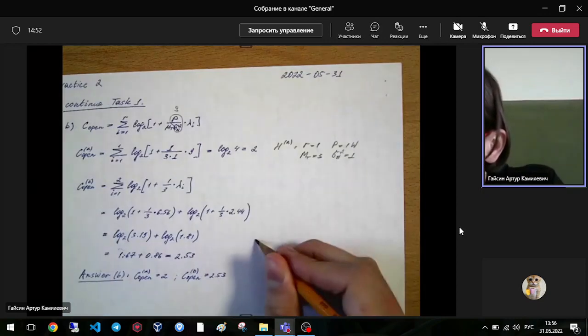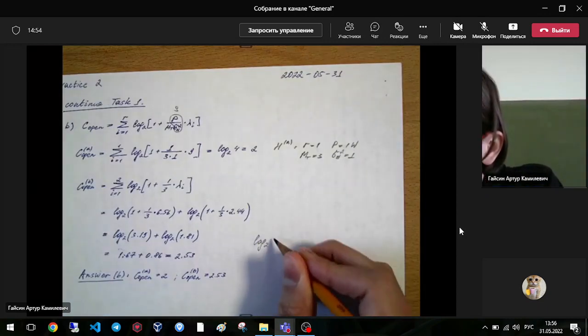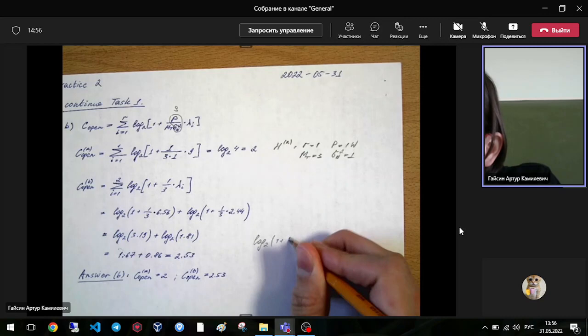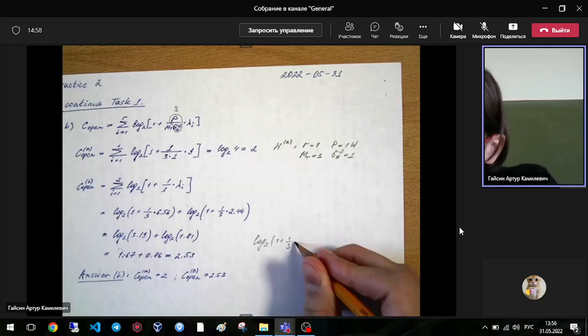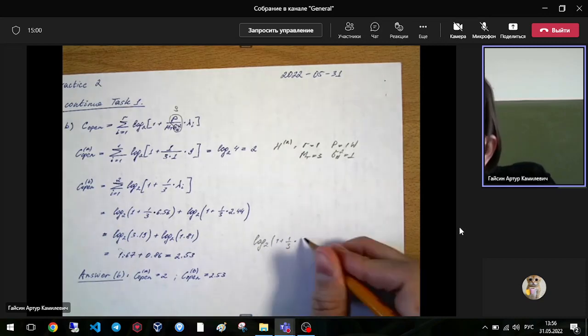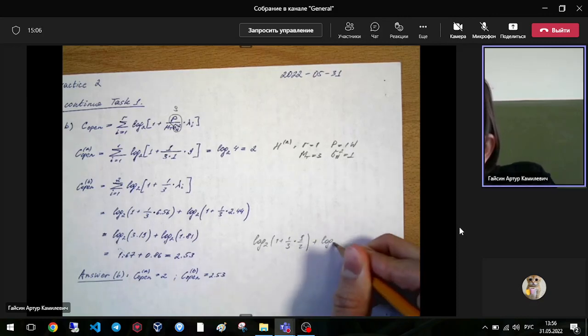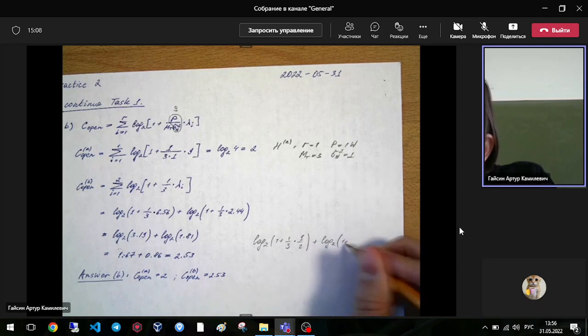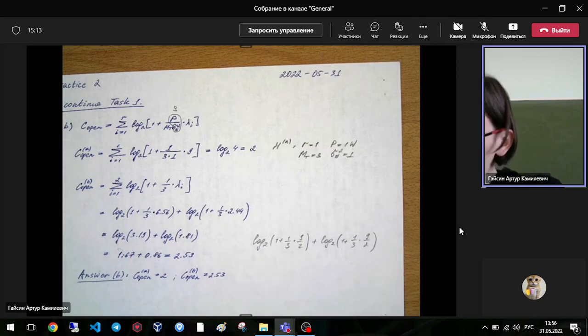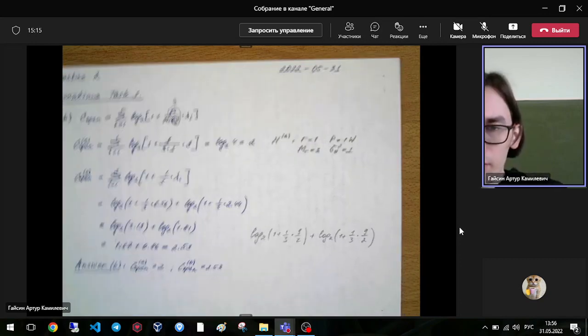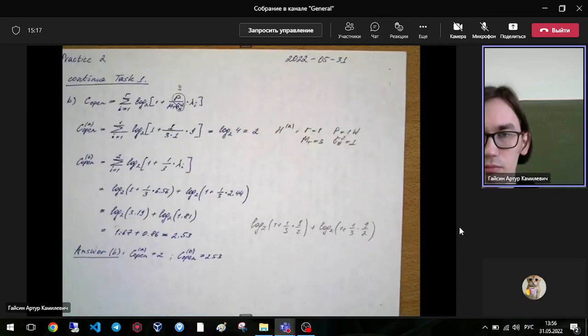So, for example, logarithm base 2, 1 plus 1 divided by 3, and here we multiply with 9 divided by 2, for example. And here we assume logarithm base 2, also 1 plus 1 divided by 3 times 9 divided by 2. So we can change this logarithm as the multiplication of logarithms.